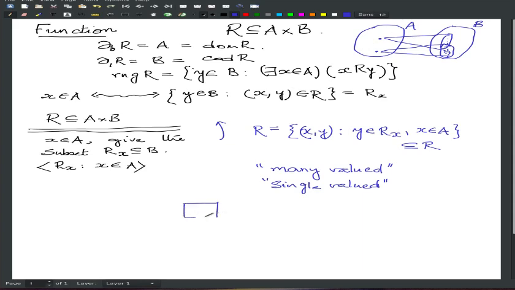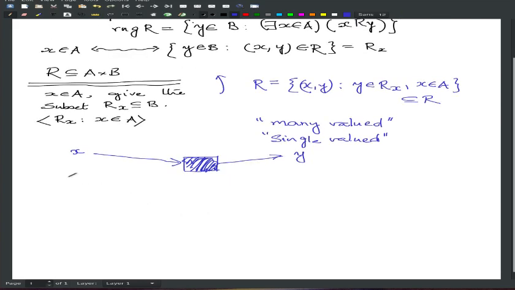It is something like a black box in which you give an input and you get a unique output. So one input gives you a unique output. In the case of a relation there would be many over here, but here only one. So a single input gives you a single output. That's what are known as functions.